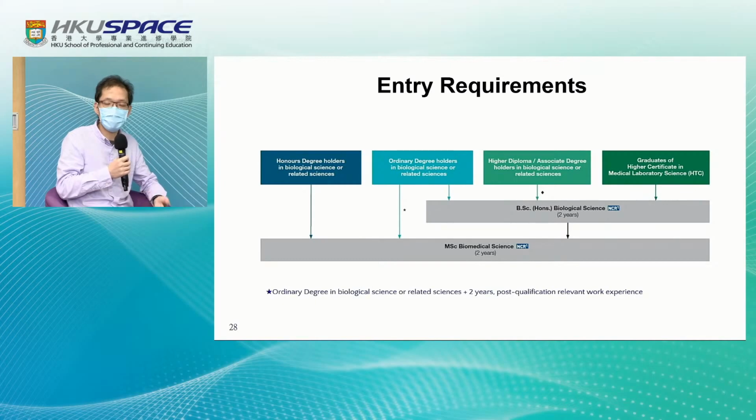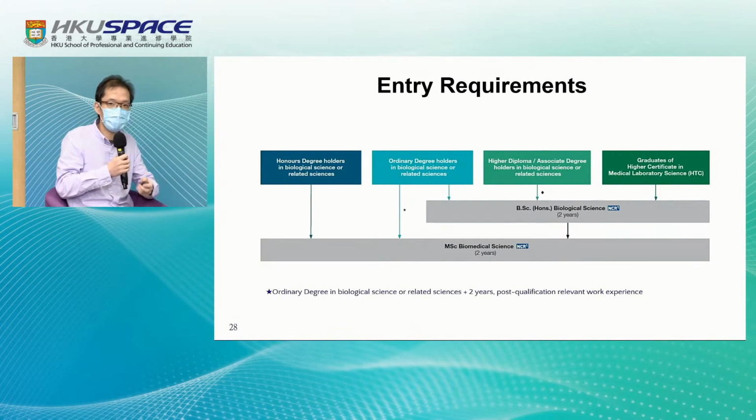If you already have such a degree, then you can apply to the MSc directly. In some universities, an ordinary degree means the student didn't do the final year project, or the difference between the ordinary degree and the honors degree is whether they have the fourth year or not.